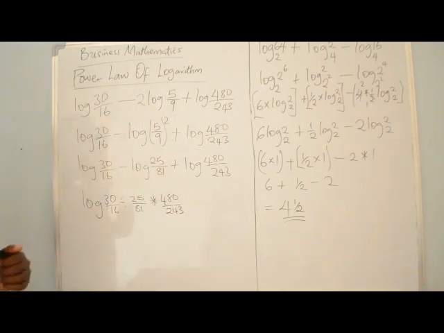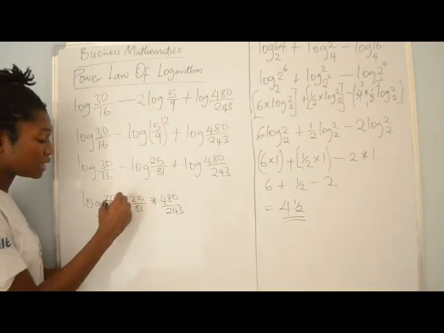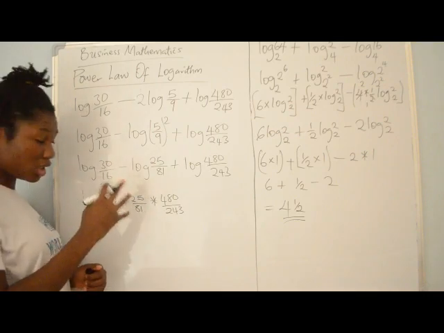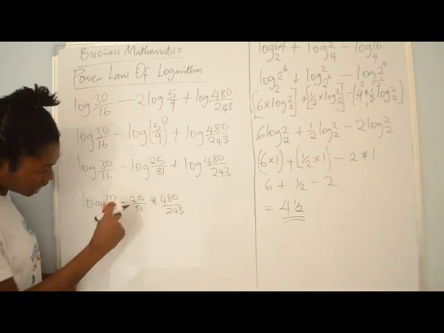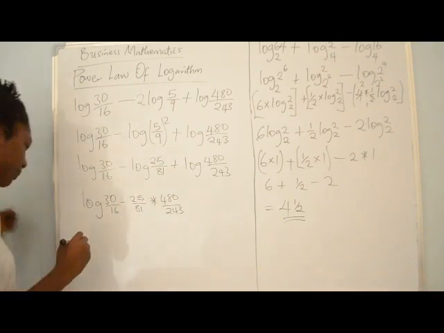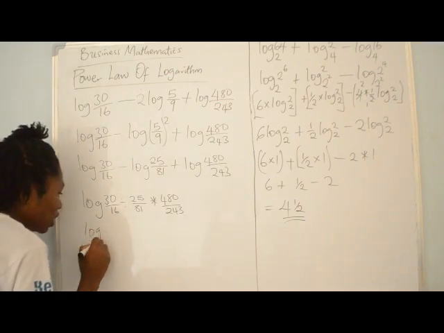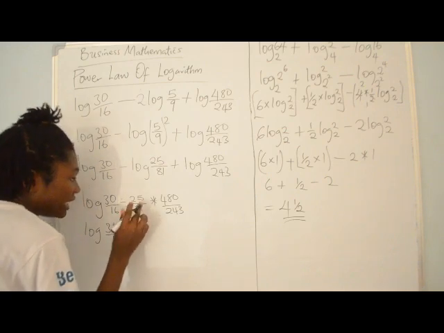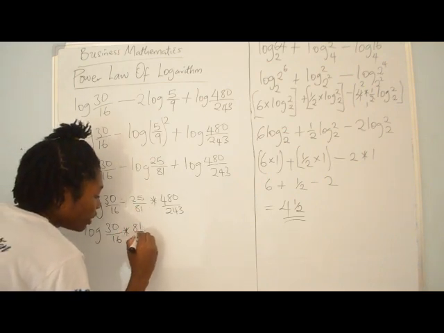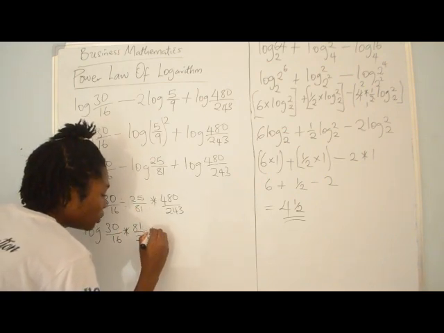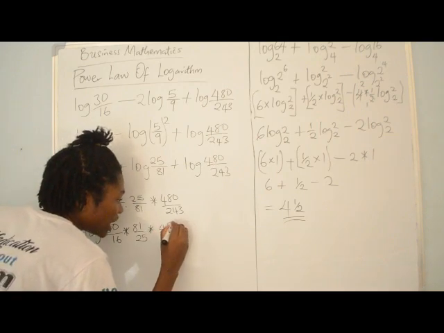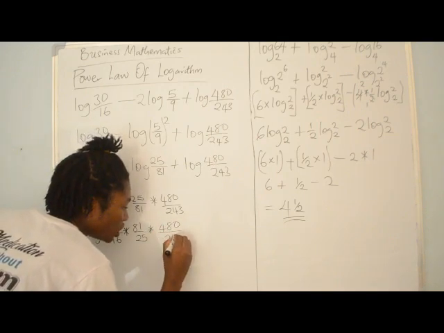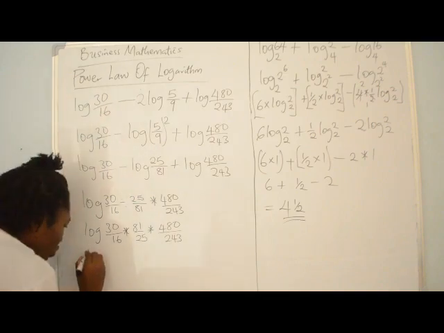Now in dividing fractions, we can take the inverse, or the reciprocal, and then change our division sign to multiplication. So we'll be having log 30 over 16 multiplied by the inverse, which is 81 over 25, and then multiplied by 480 over 243.